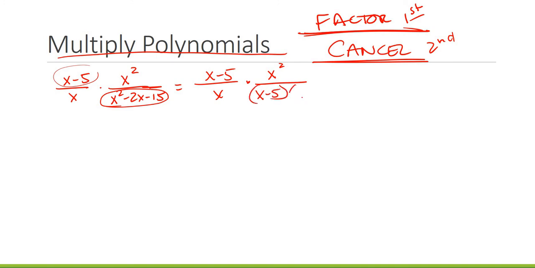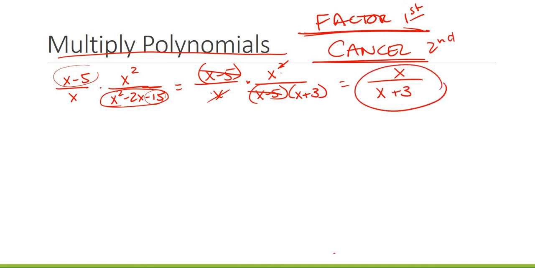X minus 5 times x plus 3. Factors of negative 15 that add up to negative 2. I'm now going to cancel. My x over x squared becomes simply an x on the top. So I have x over x plus 3 as my final simplification.